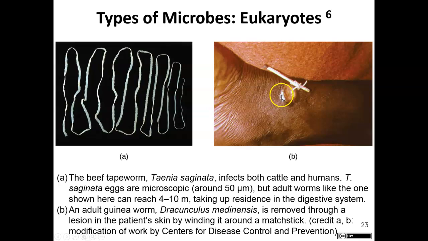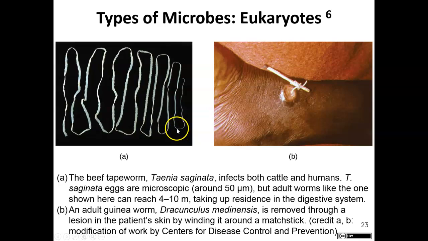or Dracunculus medinensis. So this beef tapeworm, known as Taenia saginata, can infect cattle and humans. The eggs are microscopic, but if a human gets an egg in their system, that egg can hatch.